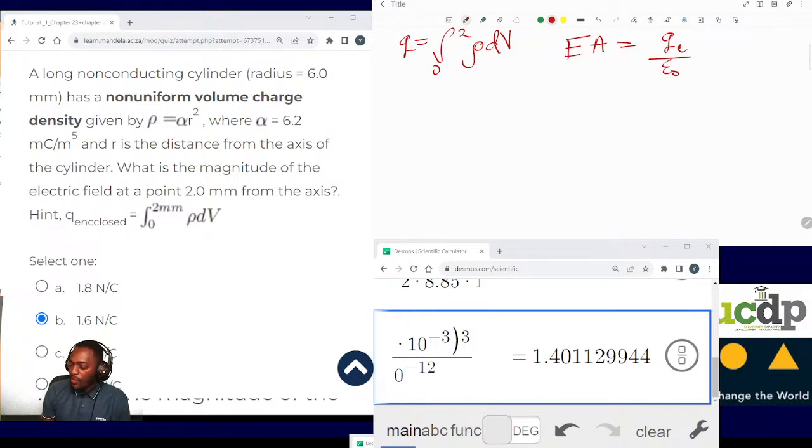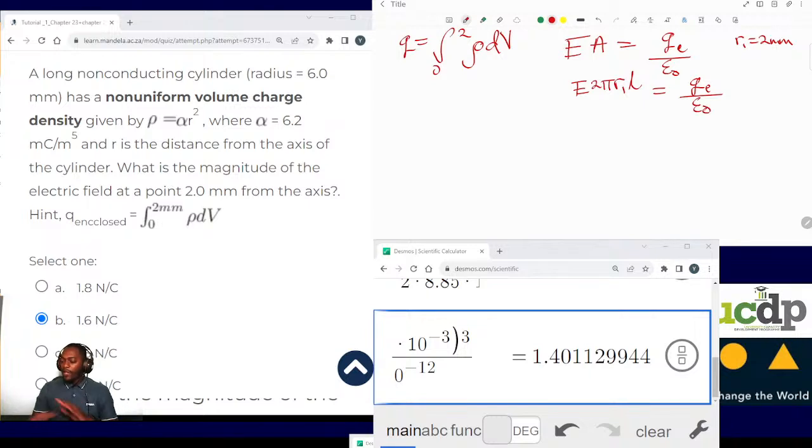This you already know, right? And this is E times 2 pi R1, we said R1 is equal to 2 millimeters, I'm not going to solve the entire question, times L, the length, which is equal to Q enclosed over epsilon naught. So basically, this is how we solve the question.